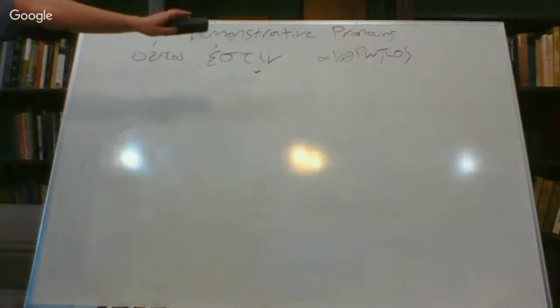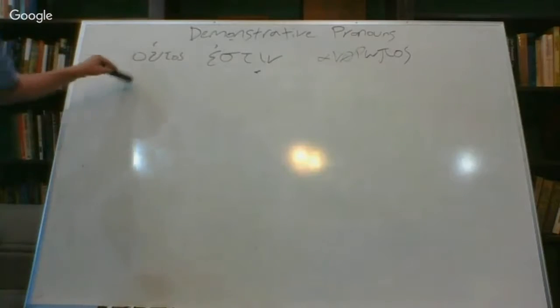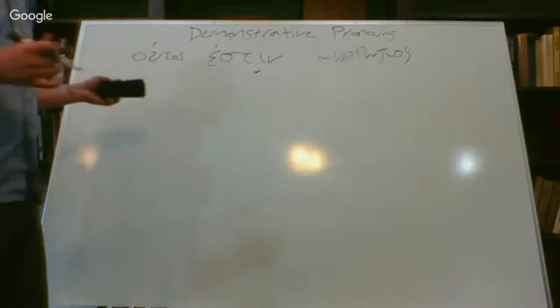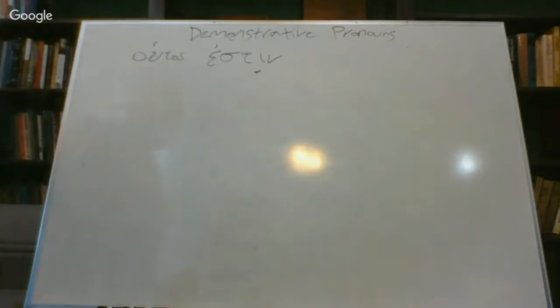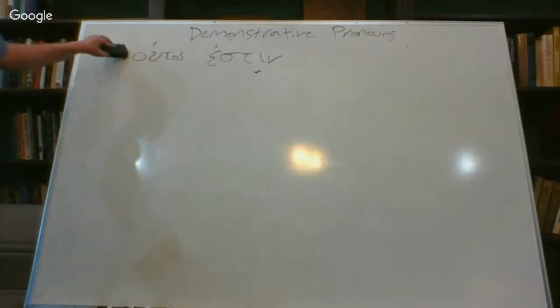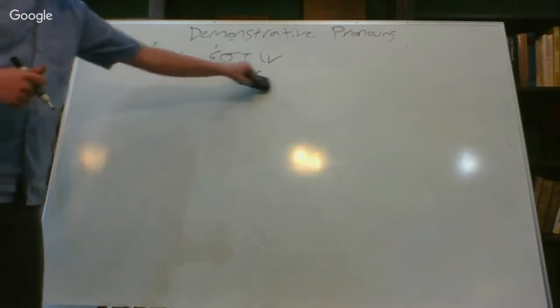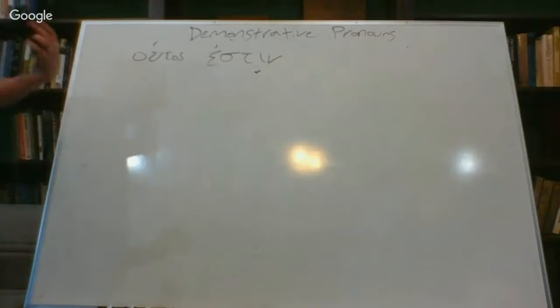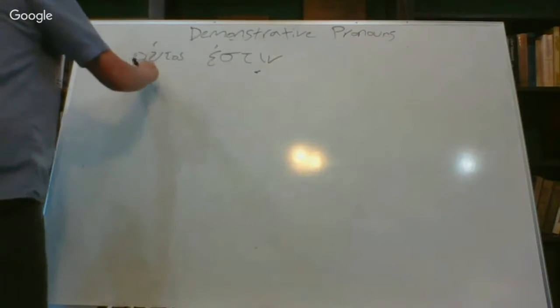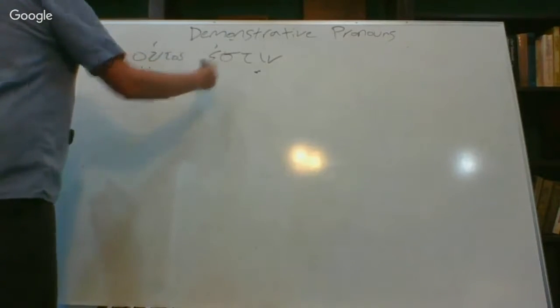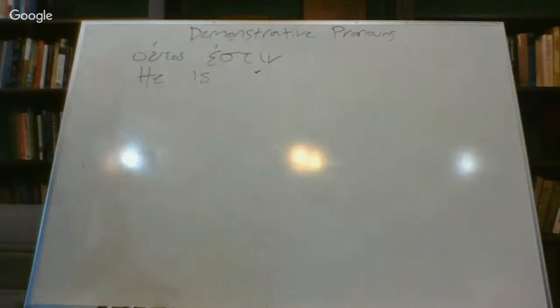so he is. So this is a man would be kind of how this is functioning. It's not modifying a noun. Or this one is the one who walked here yesterday. You can have all kinds of variations here. You can also see a lot of times where you see something like houtos estin, where it's going to become a weak pronoun or a weak demonstrative pronoun, and you would actually translate it, he is, and then you could finish the sentence.